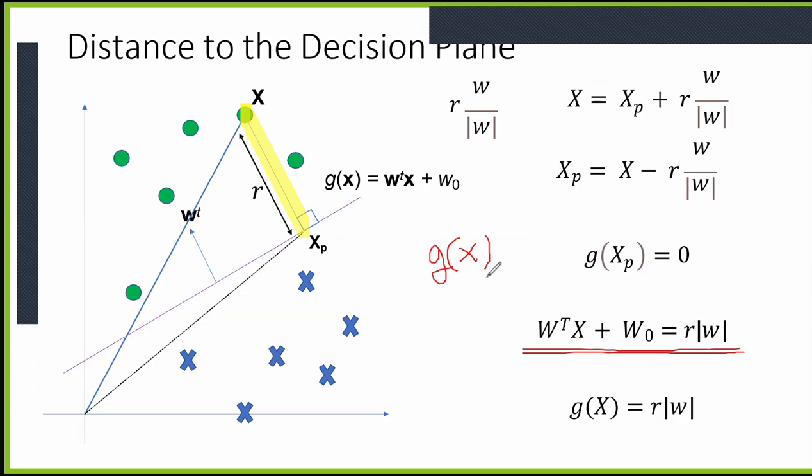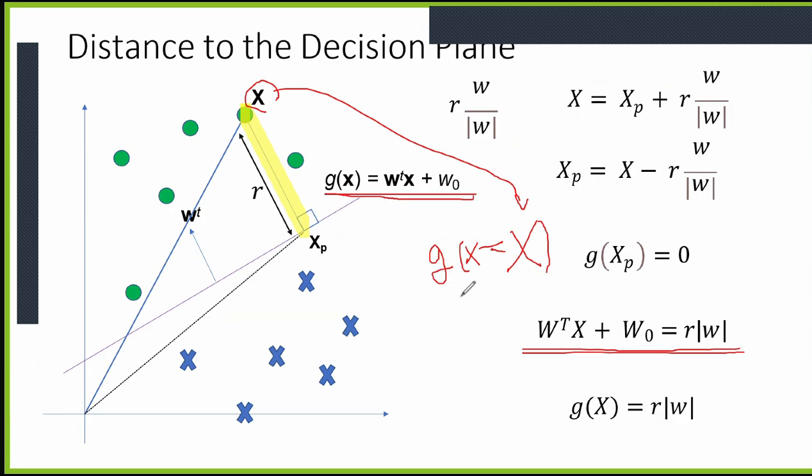So earlier I mentioned that when we want to get the distance from the linear decision boundary to a particular data point, we are basically plugging that data point into x. So when we plug this data point, the big X, into the discriminant function, in other words a score function, it's computing the distance from the linear decision boundary to the x.